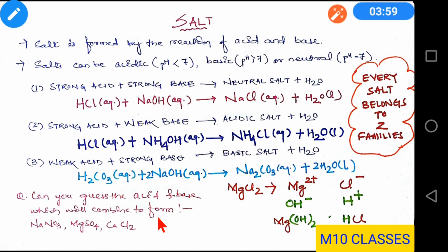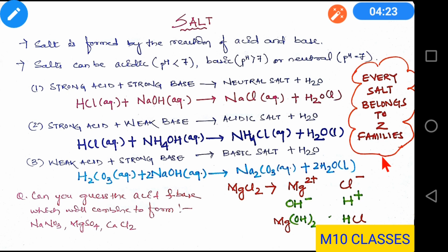Now students, every salt belongs to two families. Like a girl after getting married belongs to two families, her paternal home and her husband's home. Every salt has two parts, a positive radical and a negative radical, so it will belong to two families.